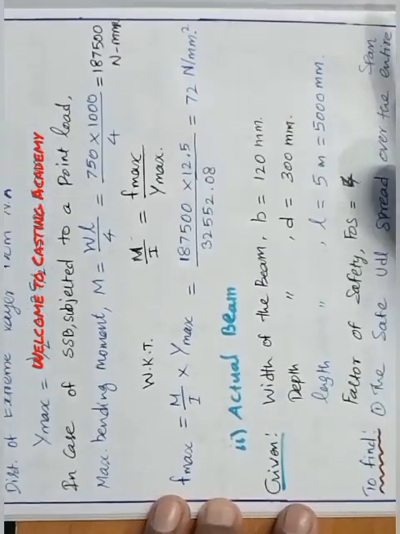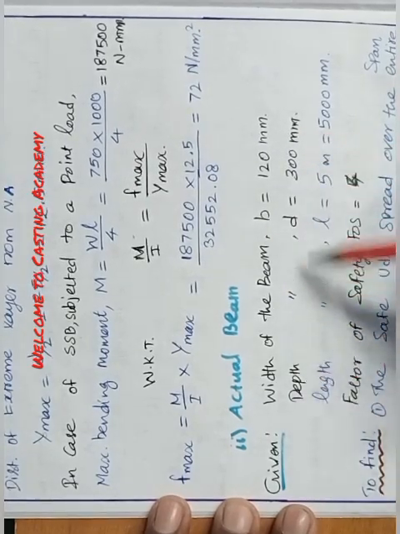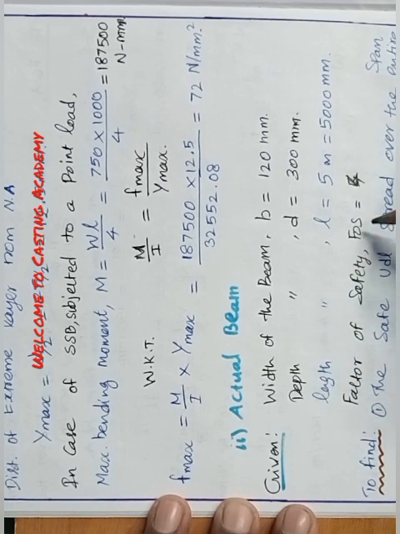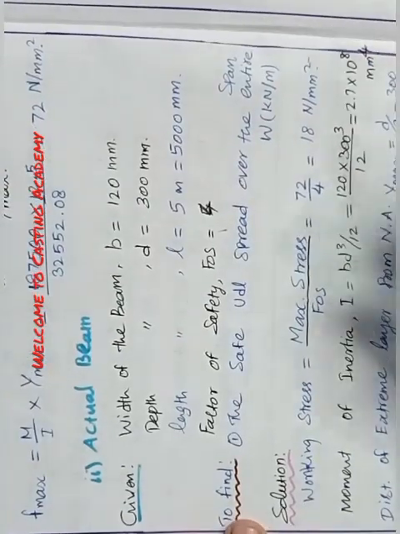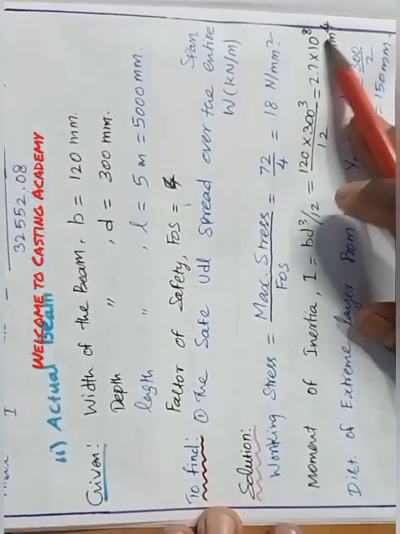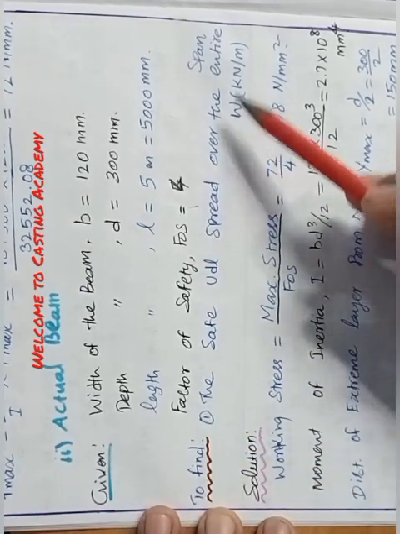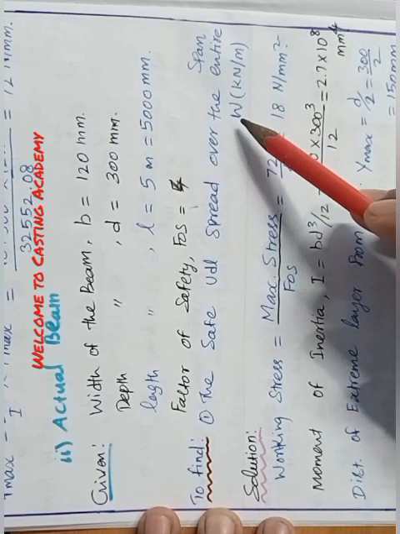In actual beam, given the width of the beam B equal to 120 mm and depth equal to 300 mm, length 5 meter, factor of safety consider as 4. So to find the safe UDL spread over the entire span, that is W kilonewton per meter.